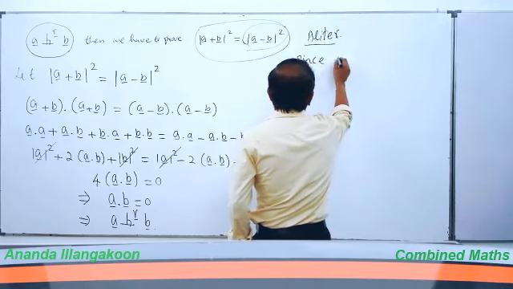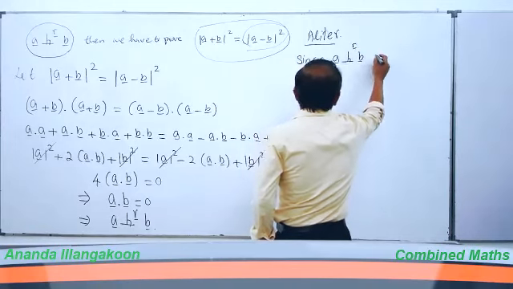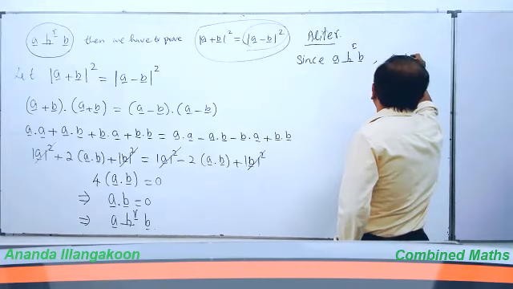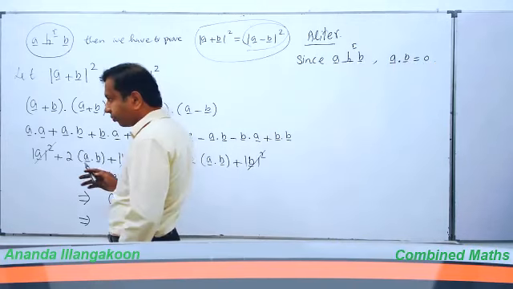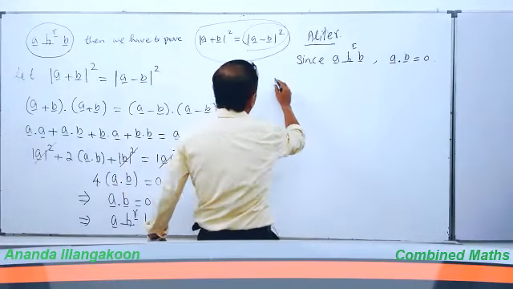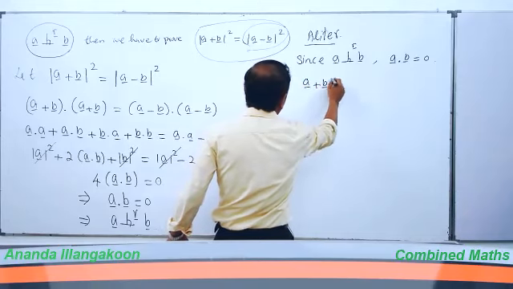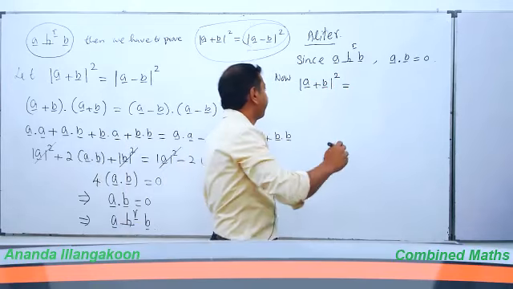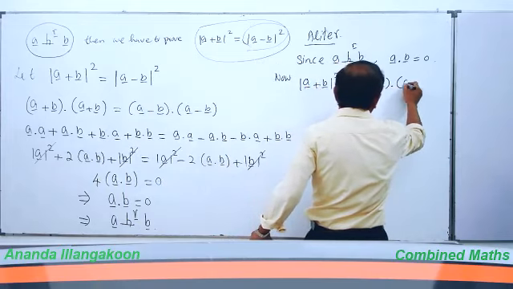Since A vector is perpendicular to B vector, A dot B is equal to 0. Now what we do is this. We take mod A plus B perfect square. I write this: A plus B dot A plus B.